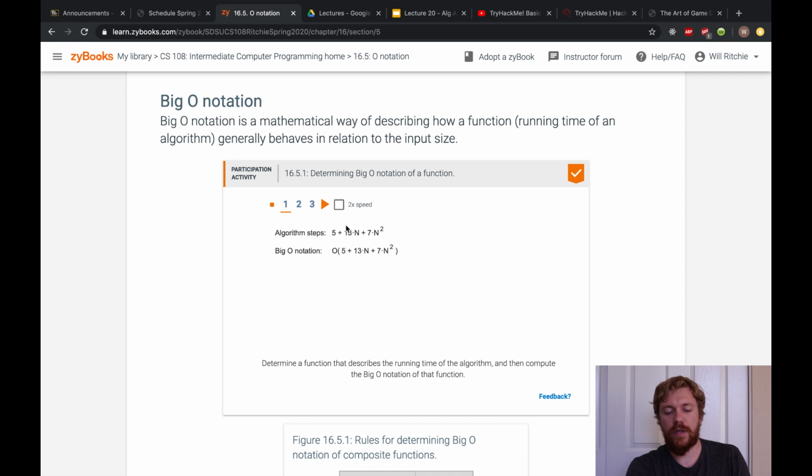And so here's our algorithm. Here's the number of steps, right? And it's 5 plus 13 times n plus 7n squared. This is our algorithm. And big O notation, to start, we create a big O and wrap in parentheses the algorithm.